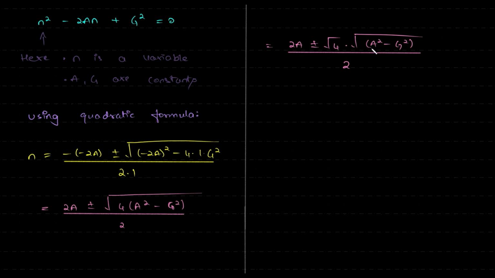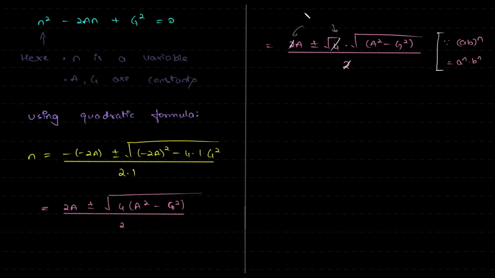So how is it that I got this out? This is because (ab) to the power of n is a to the power of n into b to the power of n. So basically I'll be able to cancel this and this. We need to understand how that is possible.